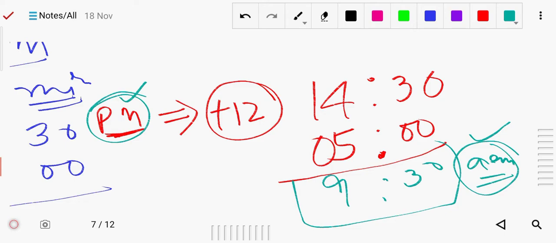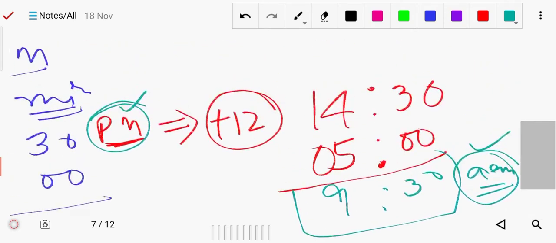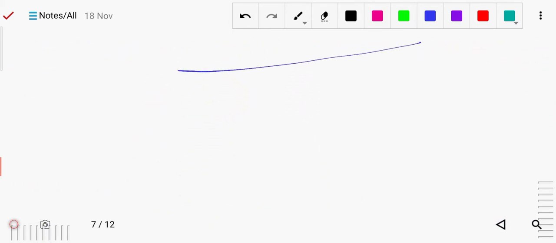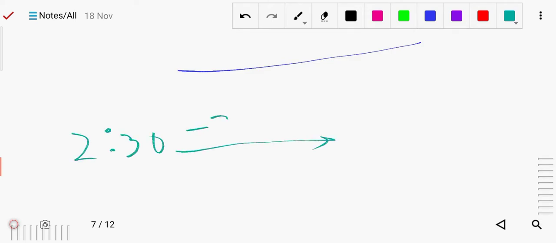This is one of the methods, in this way you can do it. Otherwise there is the traditional method, meaning you subtract one by one. Like 2:30 is given, first of all you can subtract the 30 minutes.